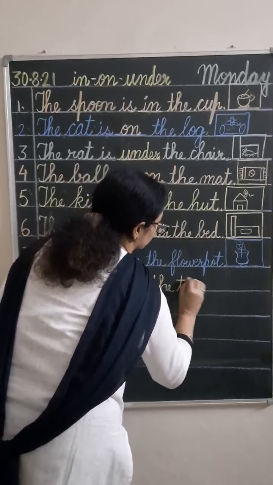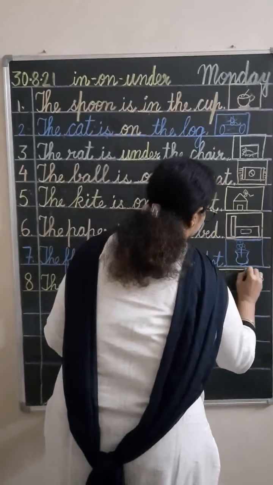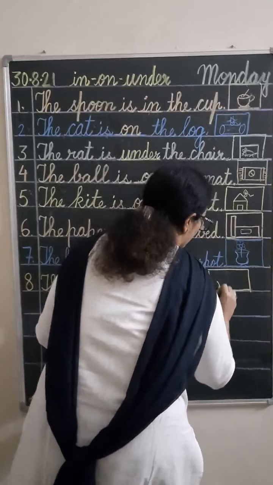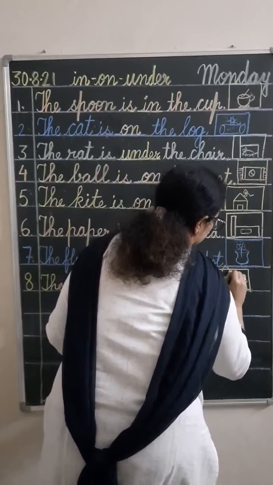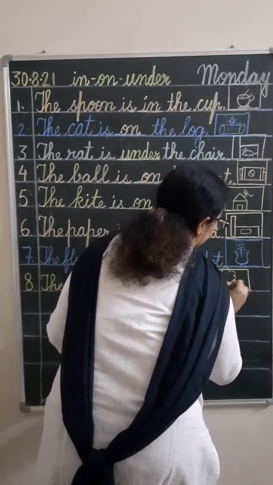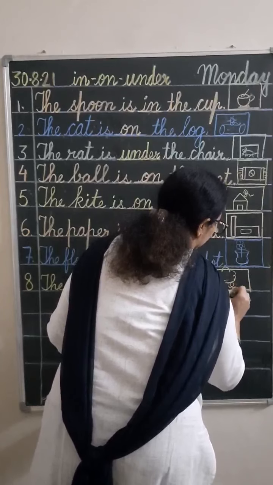Okay, and here put full stop, and here make a box. Now we will draw a picture of tree and here we will draw the picture of boy.